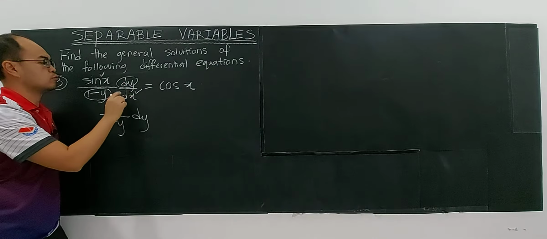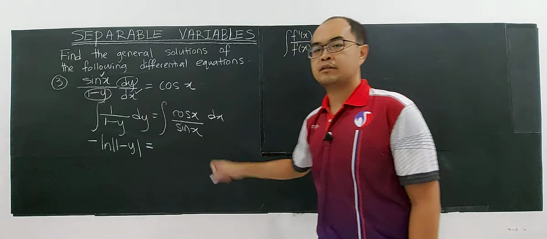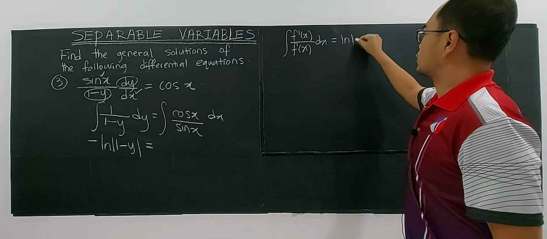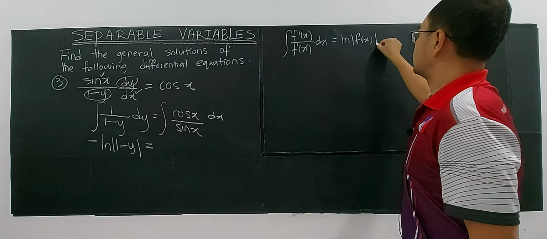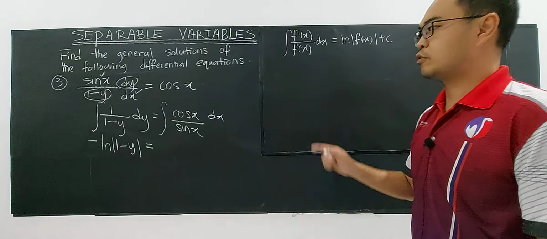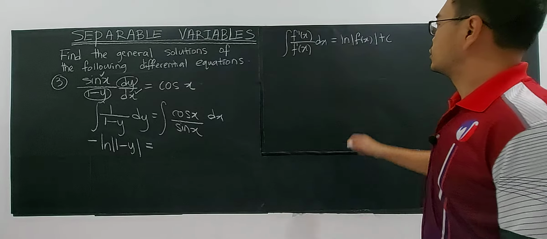For the other side, we can use this formula, or apply the substitution method, as this is actually integrating cotangent. You get ln modulus f(x) plus c. So you must be very good in integration before you solve differential equations.